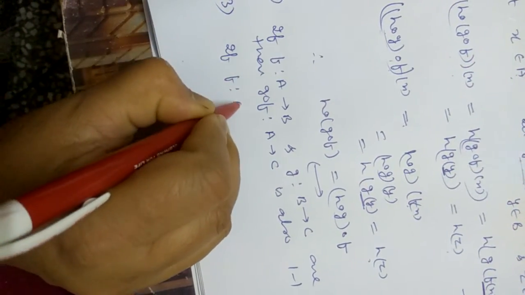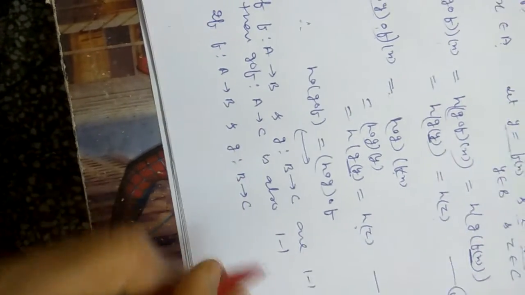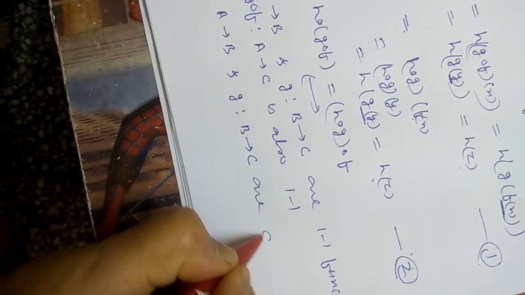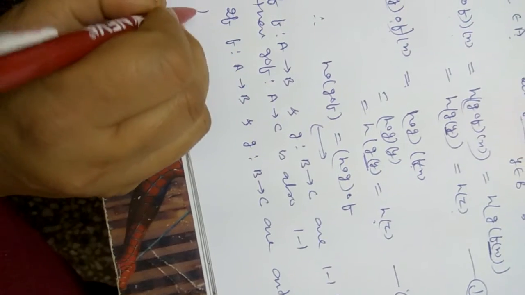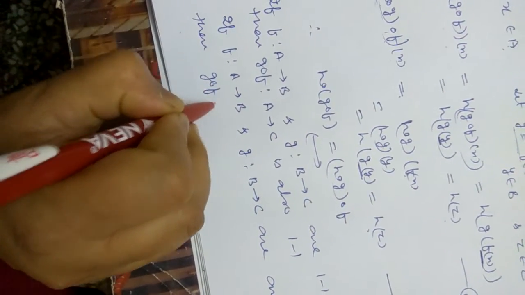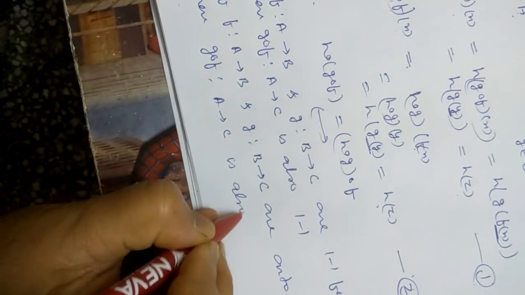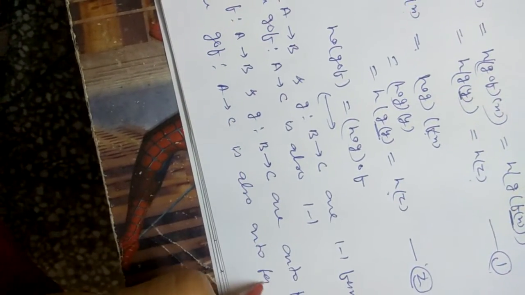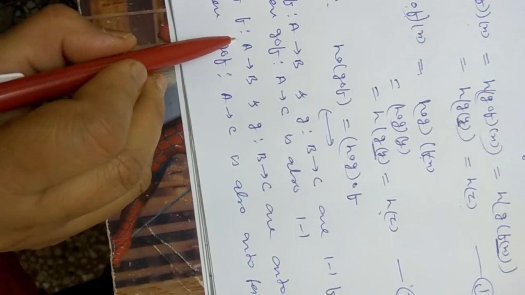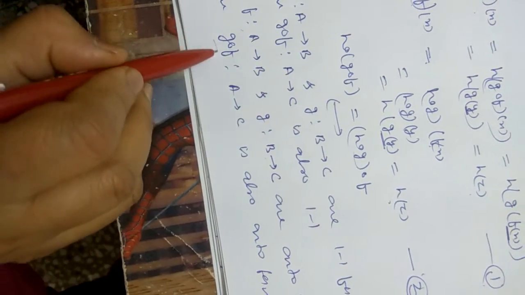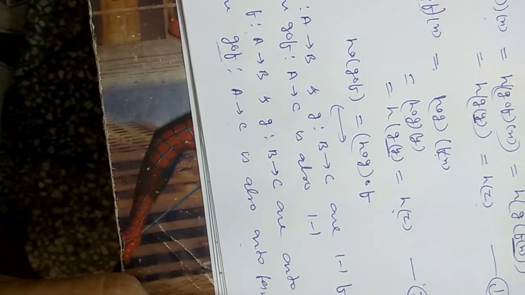If f is a function from A to B and g is a function from B to C are onto functions, then g∘f from A to C is also an onto function. It means f is onto, g is onto, then their composite function g∘f is also an onto function.